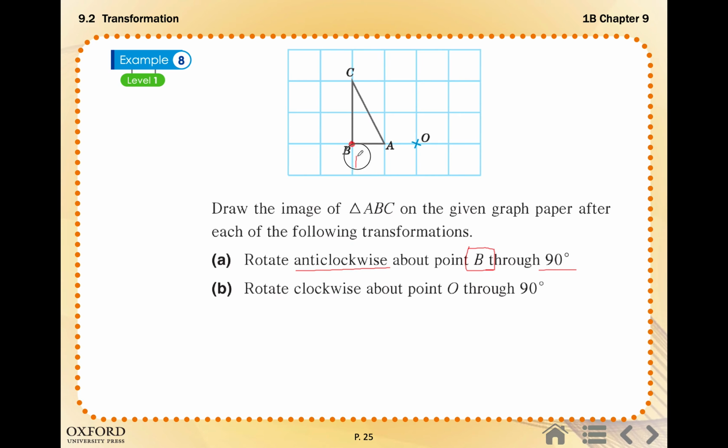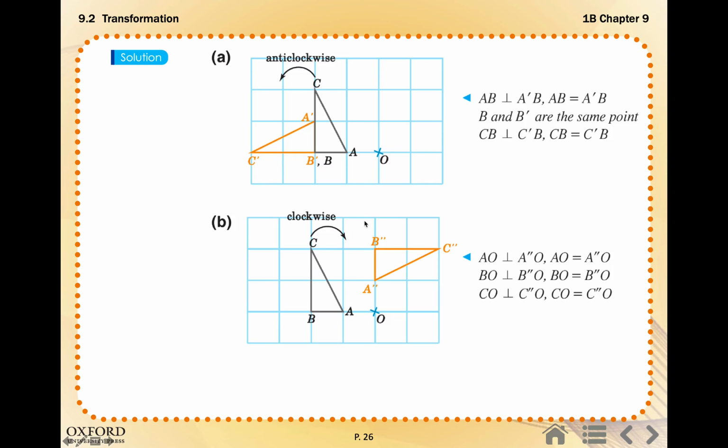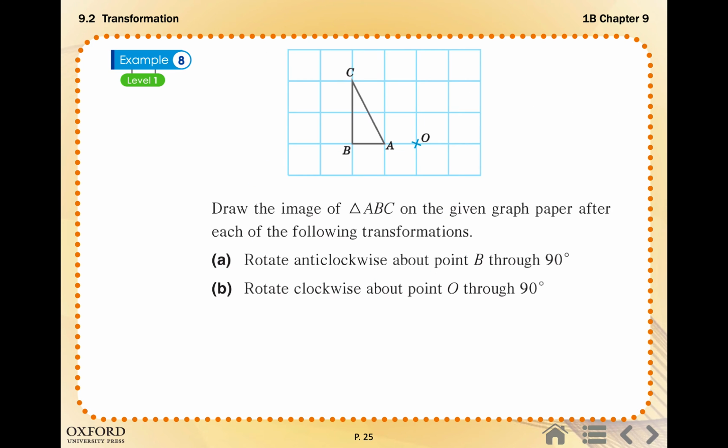So I think you may first mark the image of point B here, actually in the same position as B, because B is the fixed point, because the rotation is about the point B. And next is about the point A.